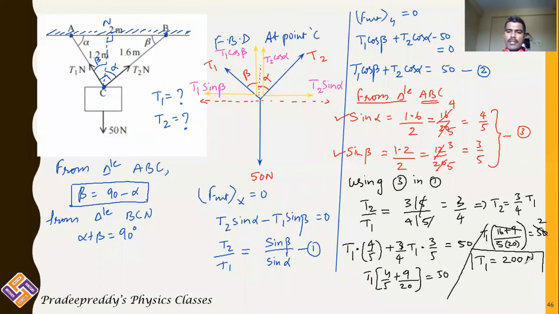T1 is 200 Newton. Once you get T1, you can substitute it here so that you get T2, which is equal to 3 by 4 into 200. So that is 4 50s, 3 into 50, which is equal to 150 Newton. This is tension T2. Like this, you can use trigonometry rules and some mathematics. You can find out tension in the strings using equilibrium conditions and free body diagrams in any given problem.